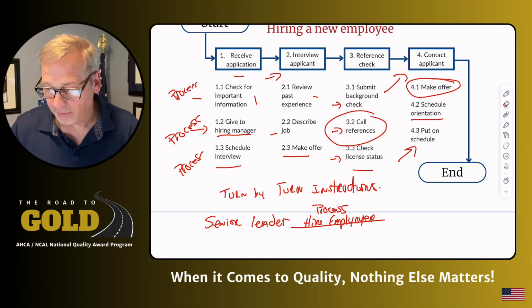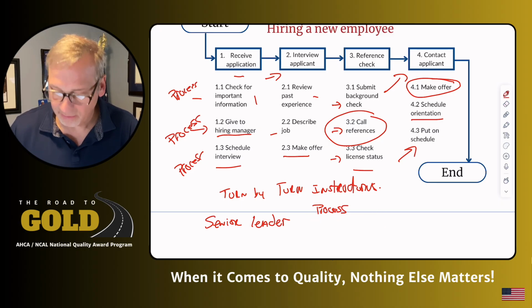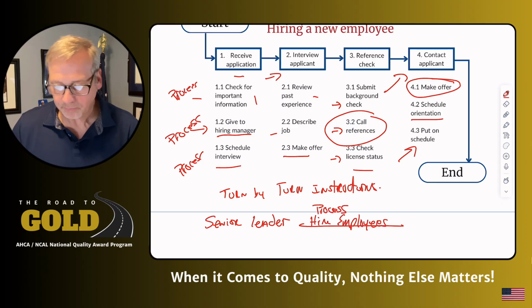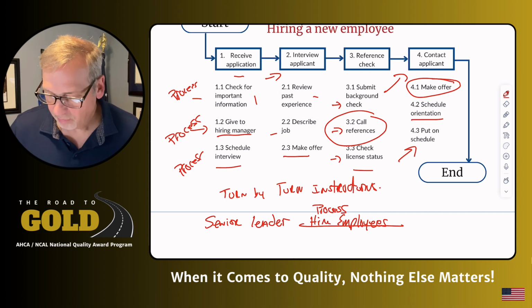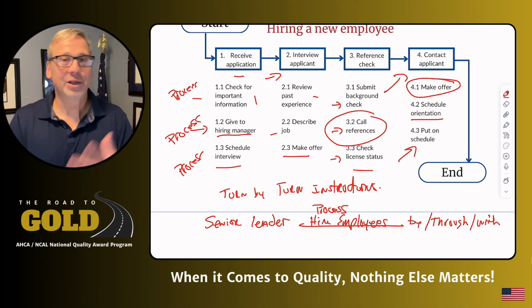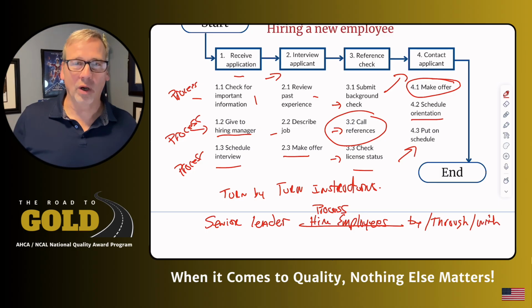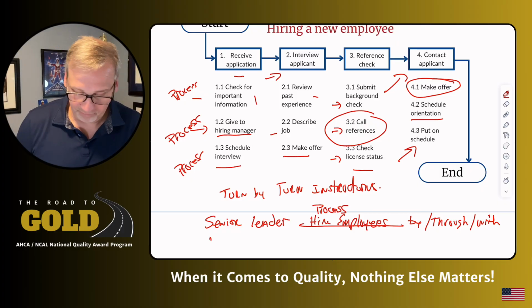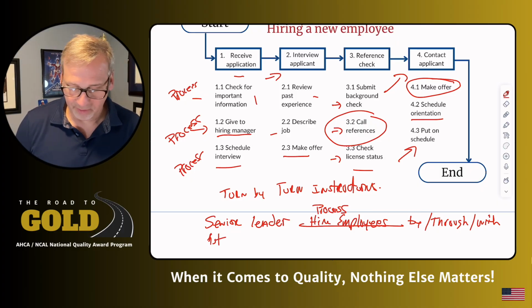All right, if I could spell employees, that would be amazing, right? Hire employees by, or through, or with. You're going to choose your transition word. The senior leaders hire employees by first, that's my number one.